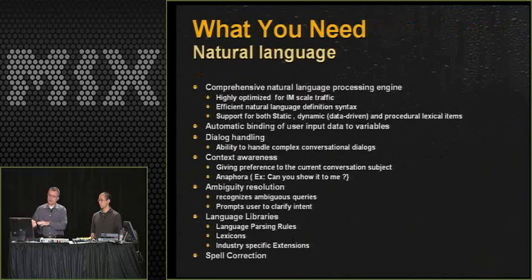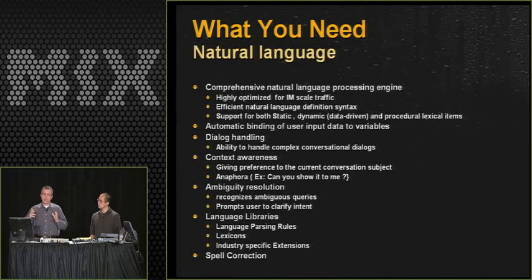So very quickly, I'm going to look at what are the key pieces you need for natural language. So it needs to be highly scalable in terms of the traffic, but it needs also to be highly scalable in the size of the knowledge or the content you can handle in any given bot. It also needs to be built in a way where it's very efficient to go and edit that content, change it day to day.